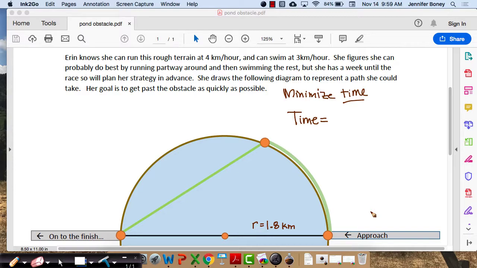So the time that it takes her depends on how long she runs around the edge and then how long she swims. I'd probably separate those out because that's going at 2 different speeds. So I'm just going to put time running and time swimming, just making up temporary variables to make an idea in my head of what I want to do.